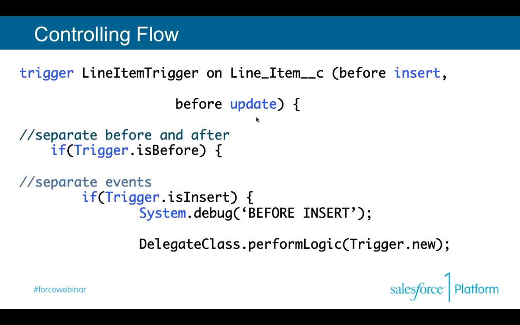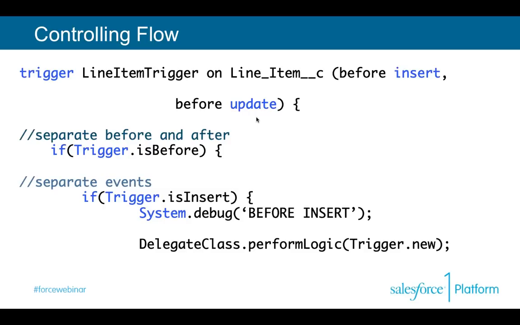We can list a series of events, actually. We're listing both before insert and before update. And a lot of people who have used the platform for a while recommend only having one Apex trigger per object, listing out a bunch of events, and then doing what we're seeing here, which is controlling the logic through the flow based on the system level variable of trigger.